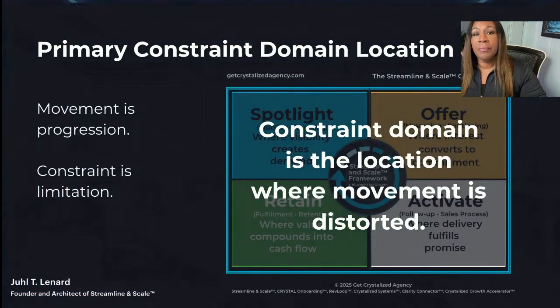Now, the primary constraint domain location is what we need so that we can pinpoint the proper action. Movement is progression. Constraint is limitation. And the constraint domain is the location where movement in the revenue system is distorted.